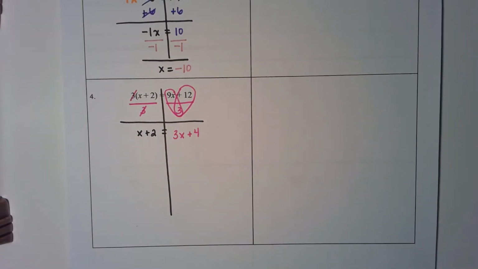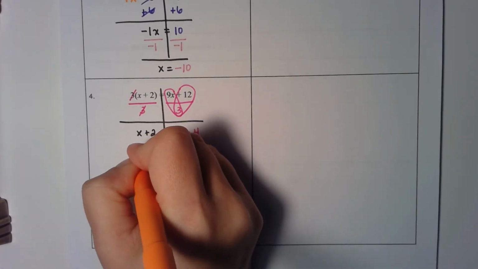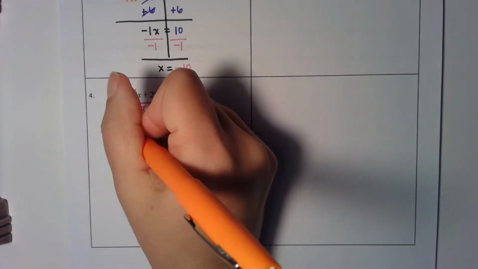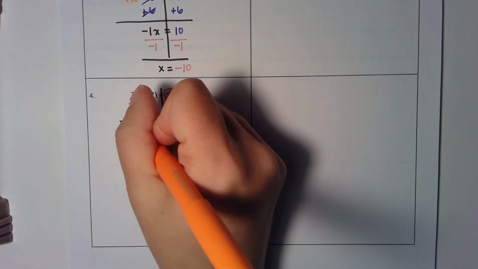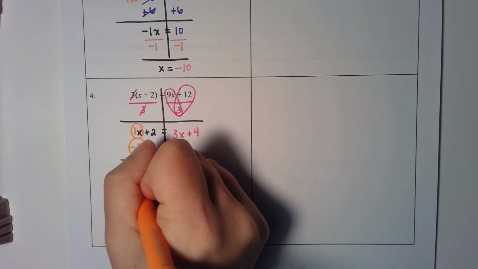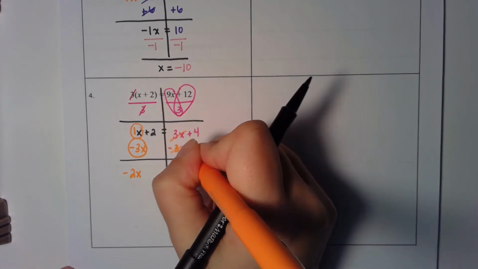Now I want to get my variables together, so I'm going to subtract 3x on both sides. And when I do that, 1x, and there's an invisible 1 there, minus 3x makes negative 2x. And on the right side, the 3x's cancel.